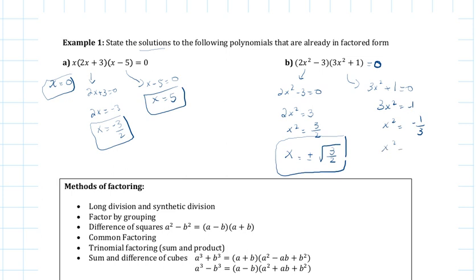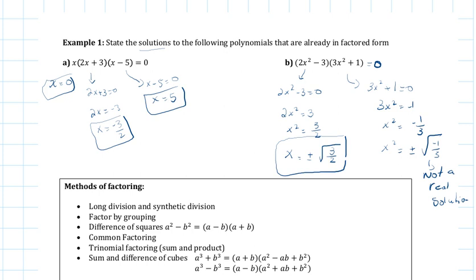And this is not a real solution, because a negative under the square root gives an imaginary number. So this will not give me a real zero. When I'm graphing this function, I'm going to have two zeros. I'm going to see two x-intercepts, plus and minus the square root of 3 over 2. You can try that on Desmos and make sure that you get the same answer.